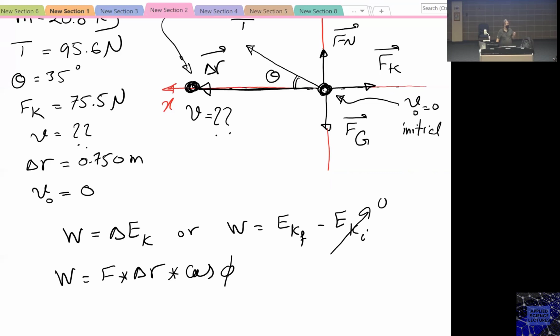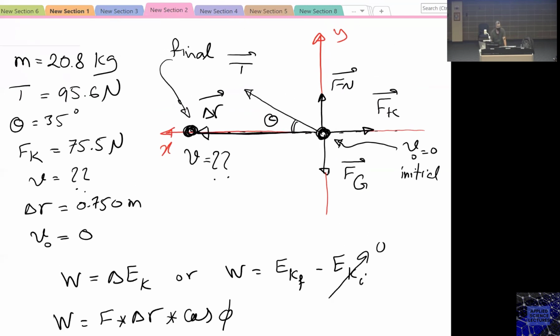Phi is the angle between the force and the displacement. So in this problem, as you can see, I have two forces that are contributing in the motion of this wagon: the tension and the kinetic frictional force.